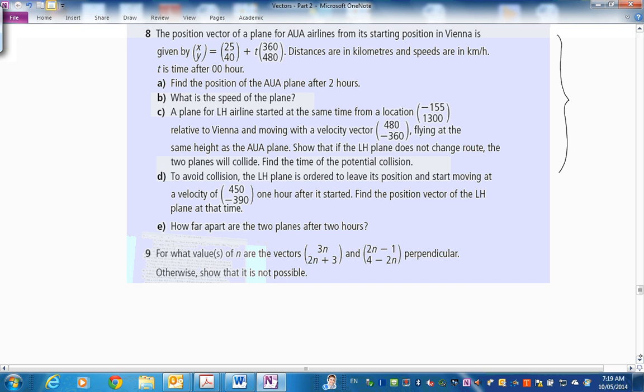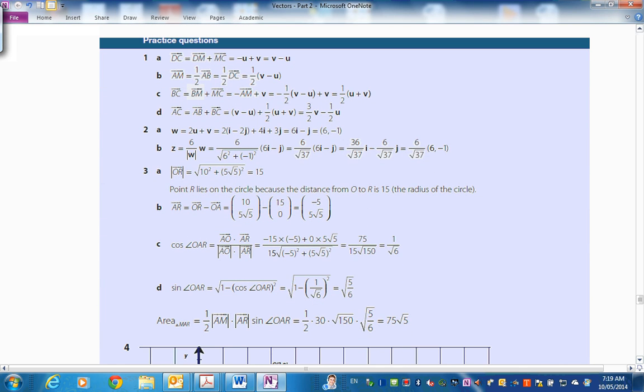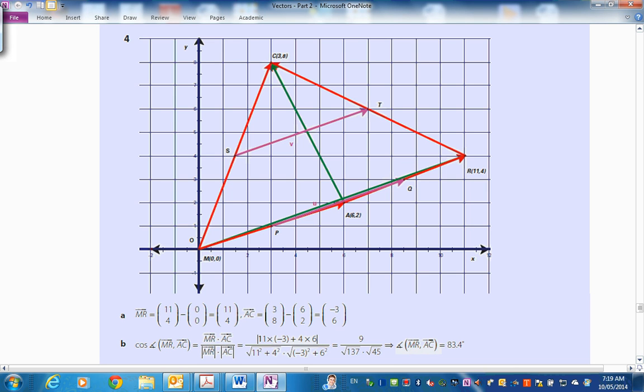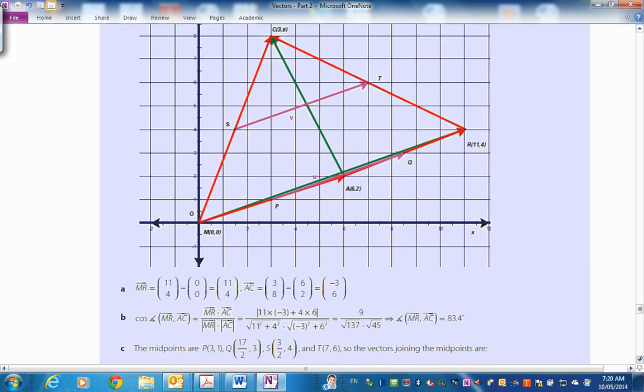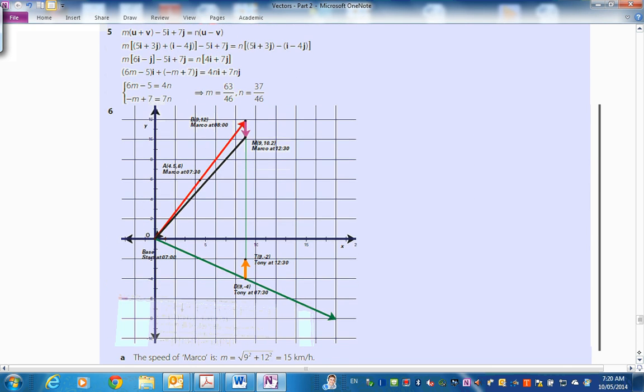Okay, let's look at some answers now. One to 3 there. Question 4A and B. Part C. Question 5 and start of 6. Let's look at question 6.